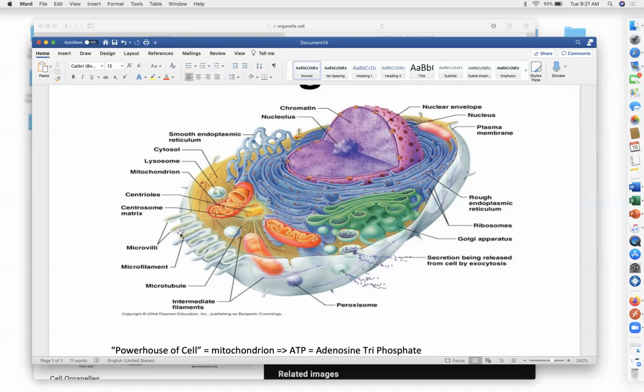Now, there's also protein extensions that could have microvilli and microfilaments, and this also helps the cell either in movement of the cell itself, or if it's lining something like the GI cavity, it also moves items up and down your cavity.